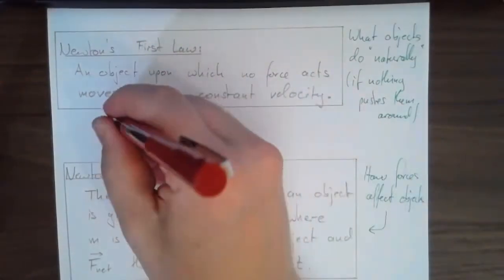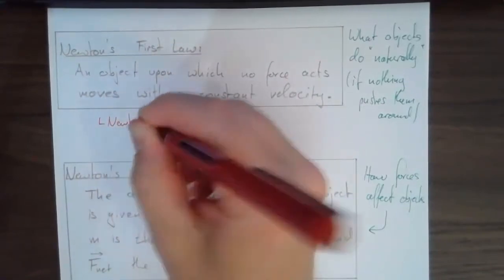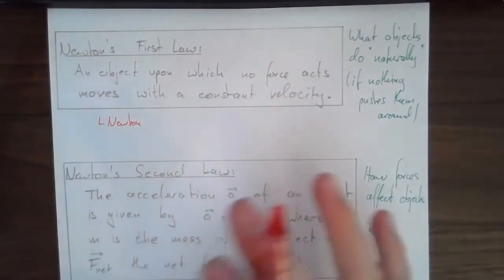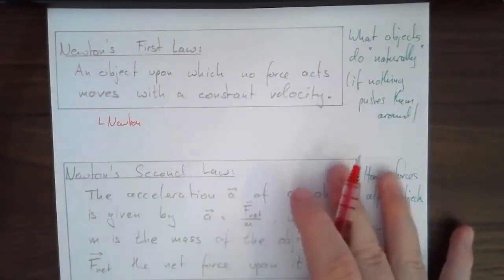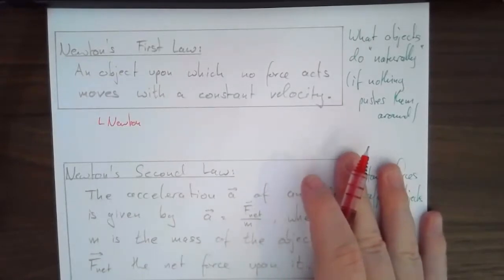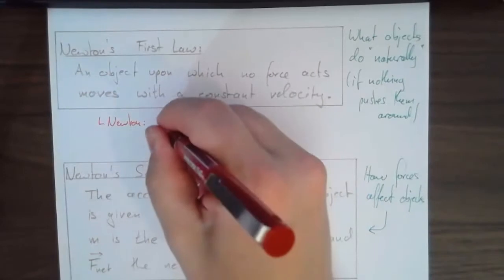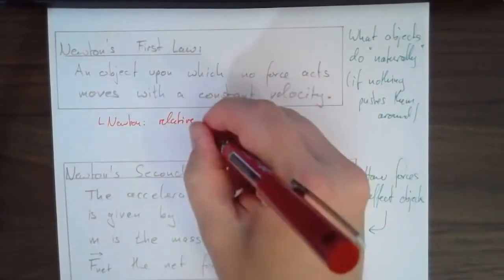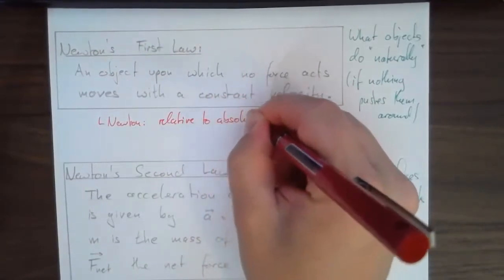Now, according to Newton himself, when he wrote this down, he had some notion of absolute space. You can't see it, you can't taste it, you can't feel it, but it's this underlying geometric structure, the space. There is a meaning to being at rest. There's some hidden absolute space.